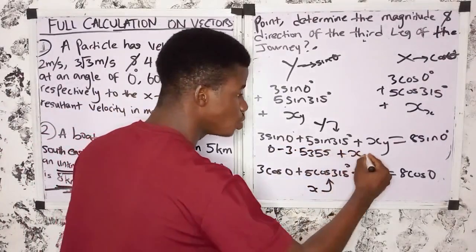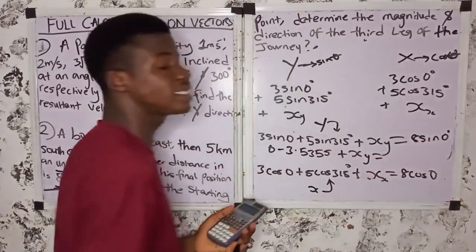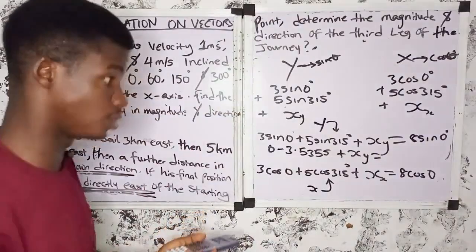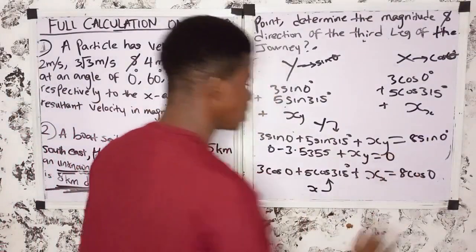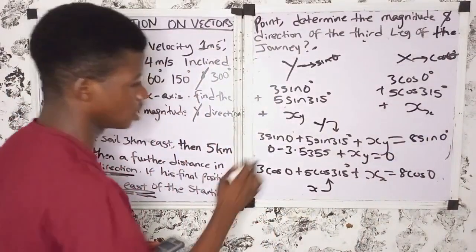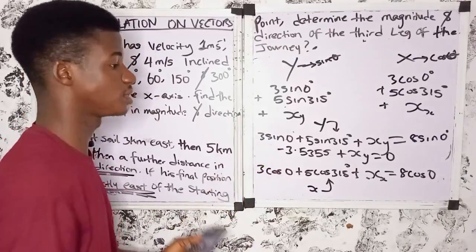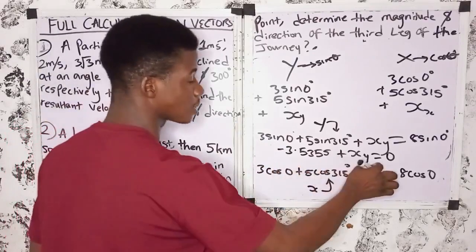Then plus this unknown which we are looking for, then equals 8 sine 0. 8 sine 0 will give us 0. So here will be 0, right? Zero is nothing. So we are writing something like this.